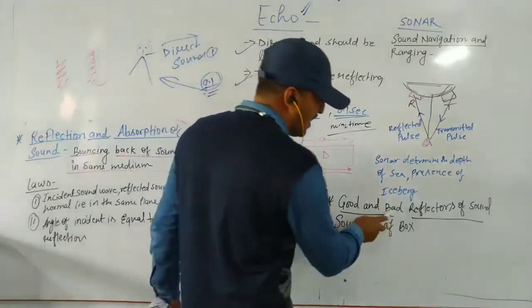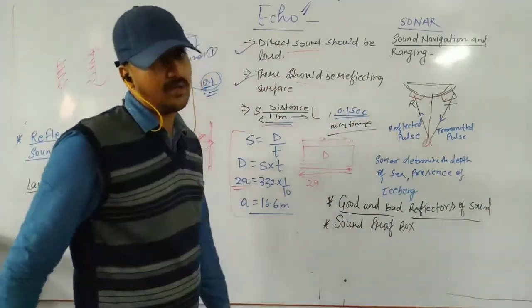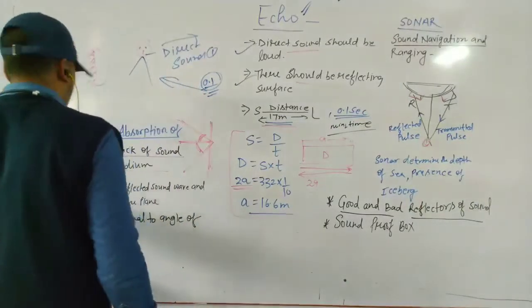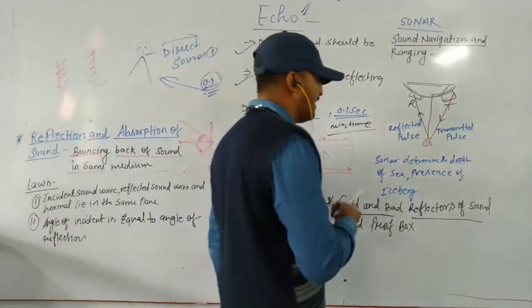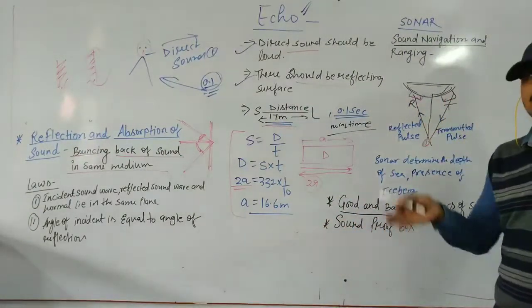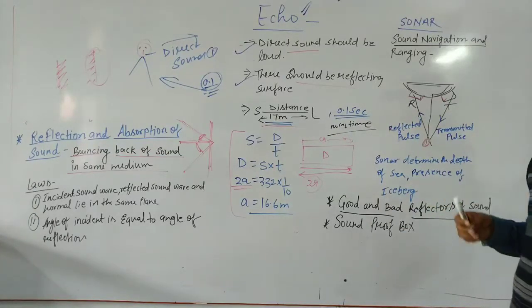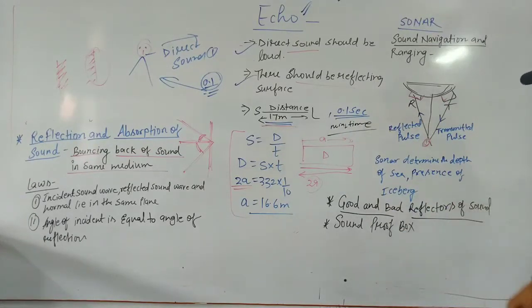And the other one is a good reflector of sound. The objects that can easily reflect sound are examples of good reflectors, like all the metals and brick walls, and the objects that absorb sound or do not reflect sound are bad reflectors.